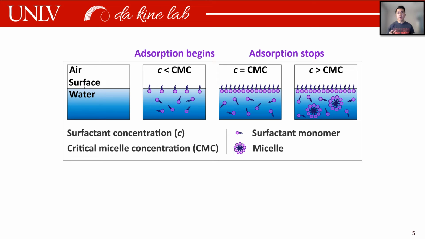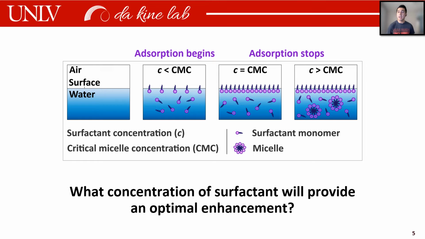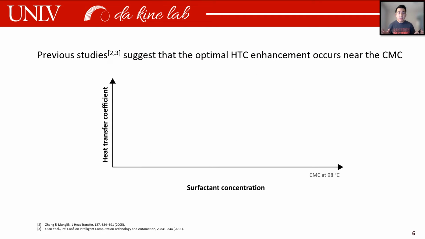So we have been trying to understand if there's a concentration link, so we have to look into the CMC of every surfactant. Therefore, this arrives at the question: what surfactant concentration will provide an optimal enhancement? Previous studies have suggested that the optimal enhancement should occur near or at the CMC.